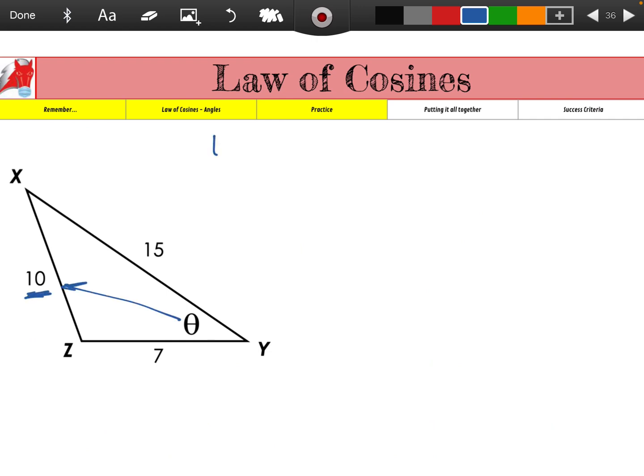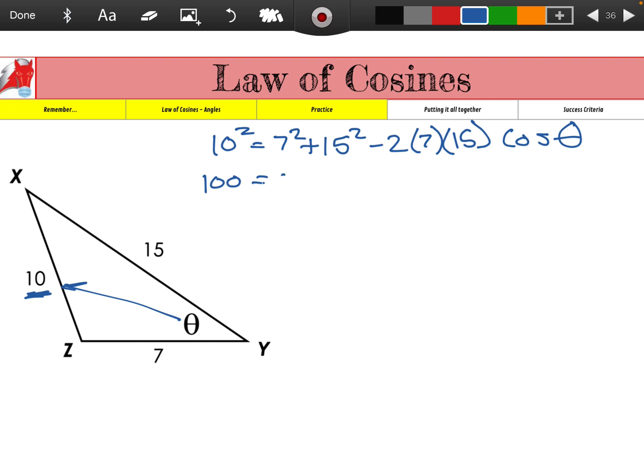So it's going to go 10 squared equals, now it's the other one, 7 squared plus 15 squared, minus 2 times 7 times 15, cosine of I don't know. Now I'm solving. Okay, I'm going to go through 100, 49, 225, okay.